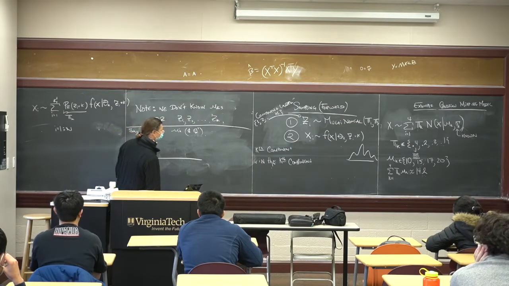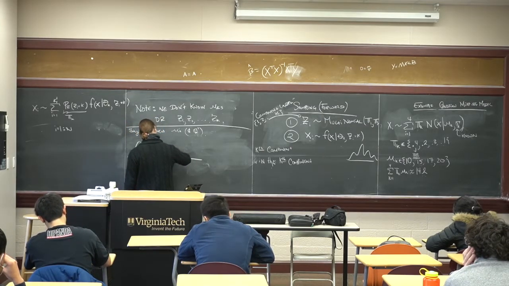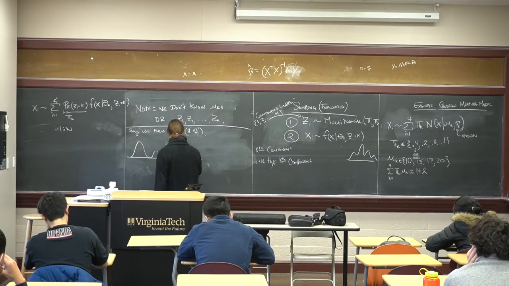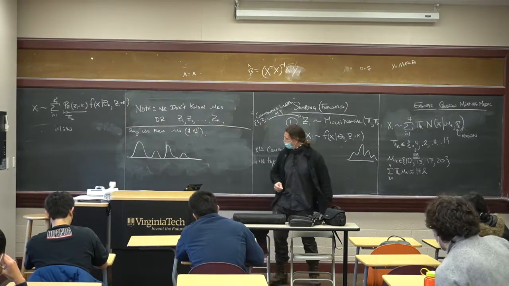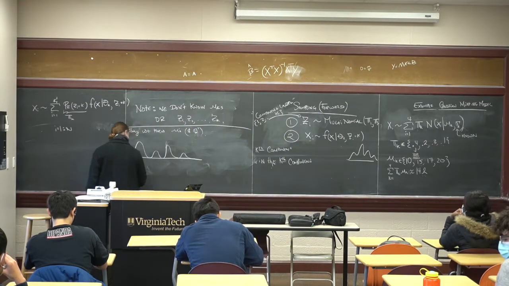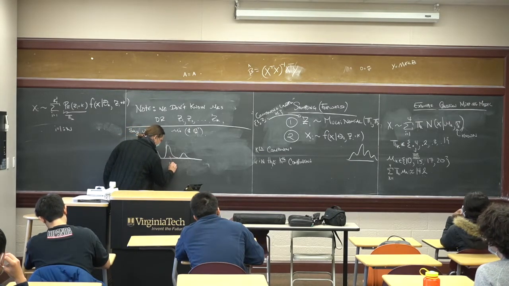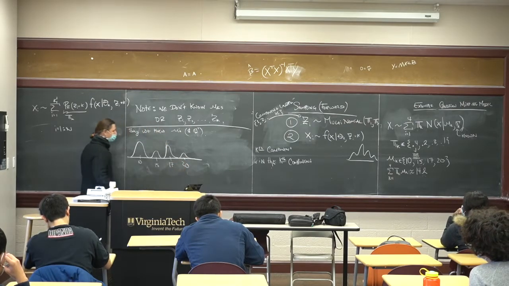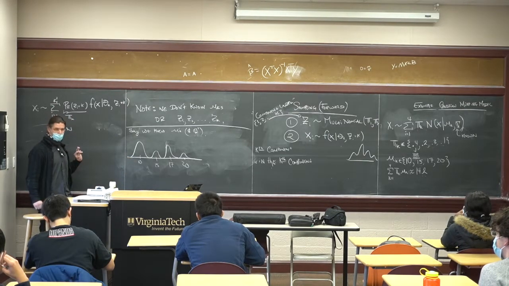I've got 0.4, 0.2, 0.3, and then 0.1. Sorry, these should all have the same sort of width because they have the same variances. I'll just plug in what these are. So this is 10, this is 15, this is 17, and this is 20. I know that they probably overlap a lot more than that, the actual data that you generate, but this will at least convey a point.